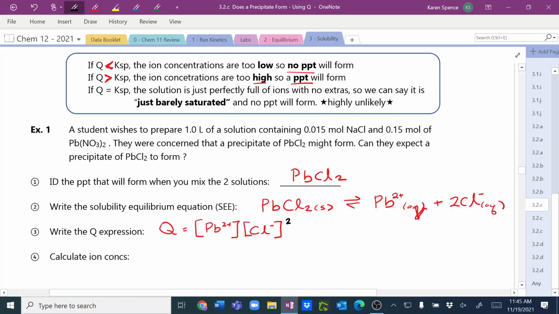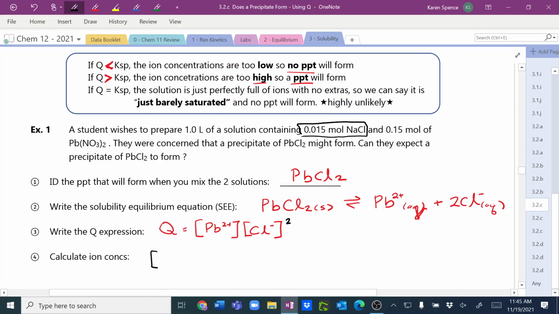Now you're going to calculate your ion concentrations, and in this question it's really straightforward. There is no dilution here. You're just told that you have 0.15 moles of NaCl. Can you get away with not writing this? No, I want you to write it down.